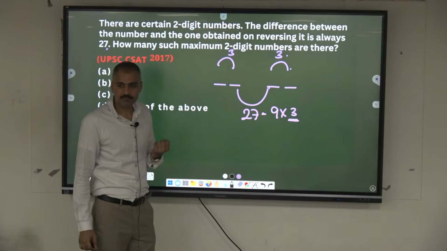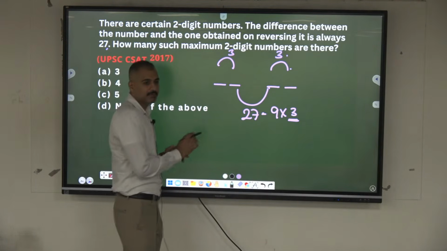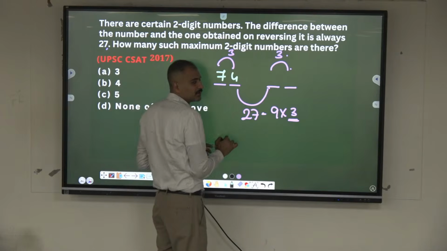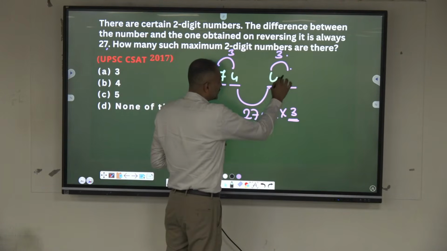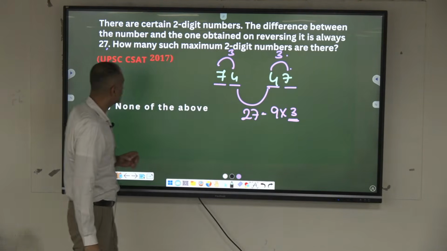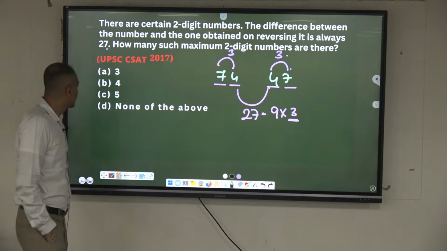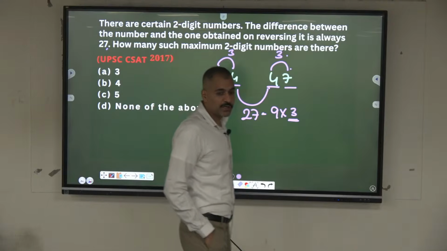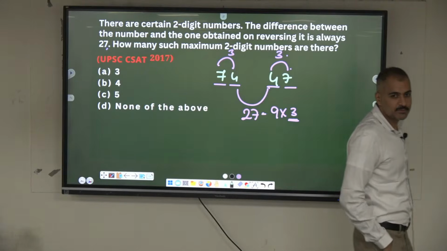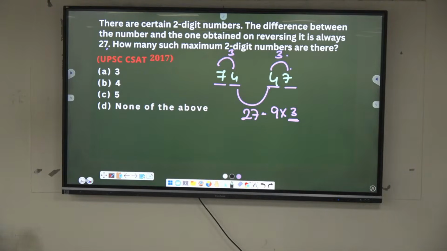74, 47, the difference comes as 3. Check like this. How many such possible cases are there? Is it 3, 4, 5 or more than 5? The difference between the 2 digits has to be 3.